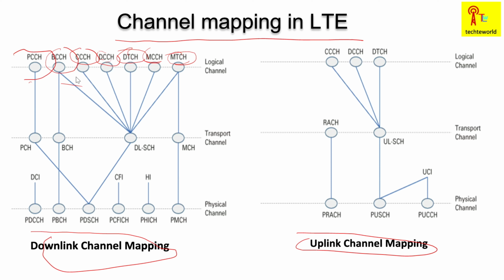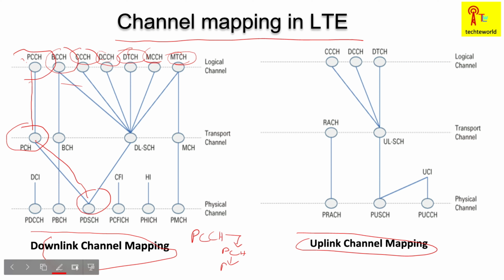Now, in the mapping, PCCH in the logical channel is mapped to PCH, and then this PCH is mapped to PDSCH. Okay, this is very important, right? So how the paging channel is mapped across the different channels. You should remember that PCCH is mapped to PCH, and then it is mapped to PBCH.